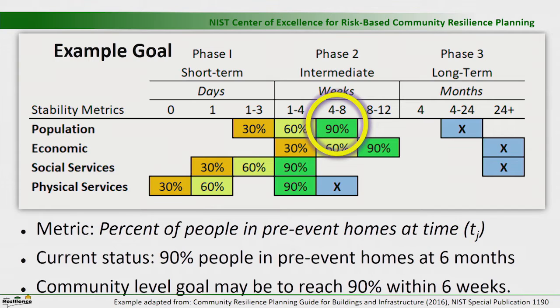Considering all the possibilities, there may be many pathways to reduce this time gap. We could, for example, reduce the initial population dislocation through pre-event mitigation interventions such as building retrofits, or we could focus on increasing the reoccupancy rates after the disaster by reducing the repair times for the infrastructure itself.